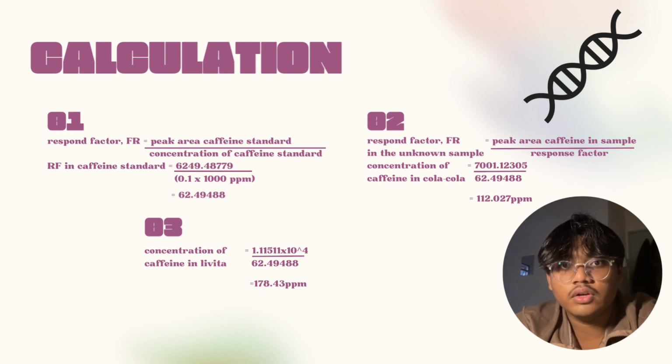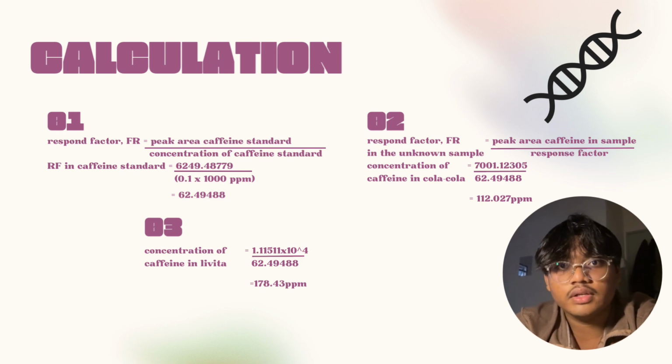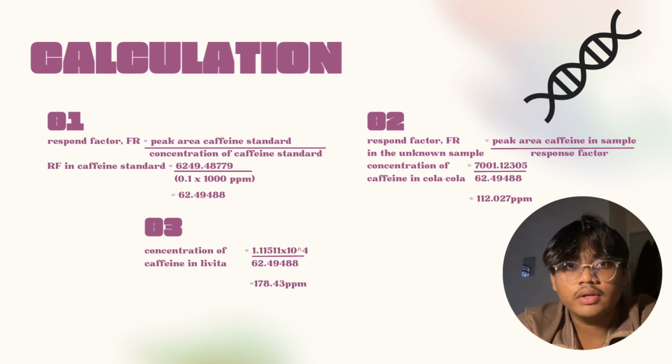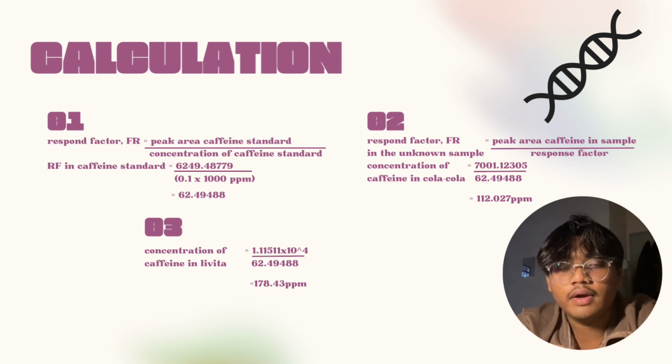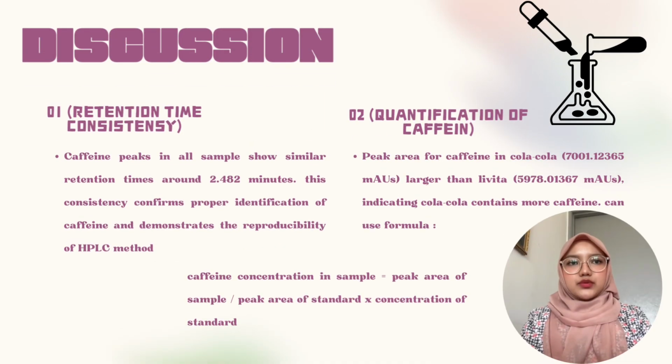This is the concentration of caffeine in Coca-Cola. And the last one, the concentration of caffeine in Levita, is 1.11511 times 10 to the power of 4 divided by 62.49488, and we get 178.43 ppm.